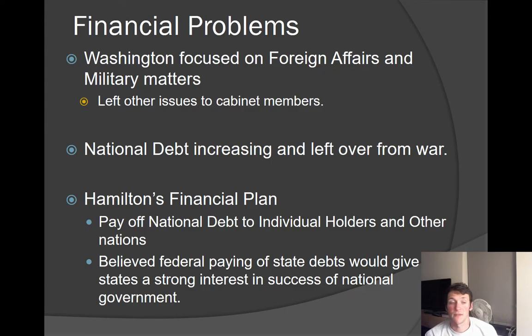So that's going to be the first thing that Alexander Hamilton is going to deal with. He is going to develop this financial plan, the idea of which is to pay off the national debt to individual holders, so these bonds they're called, and other countries.